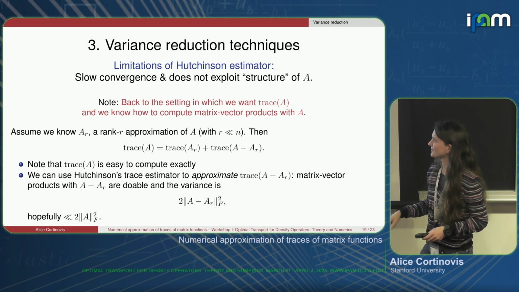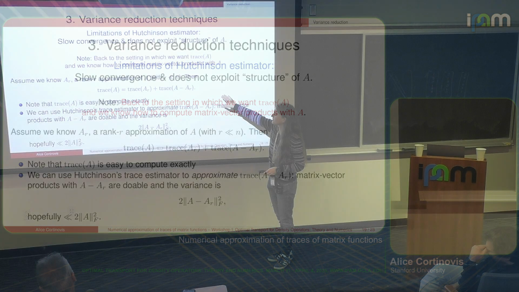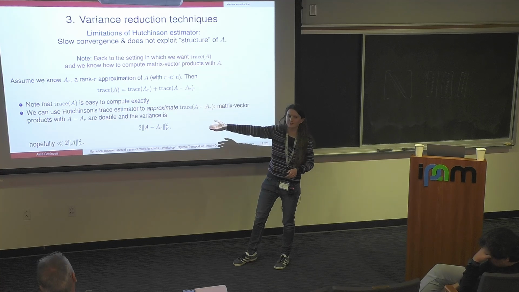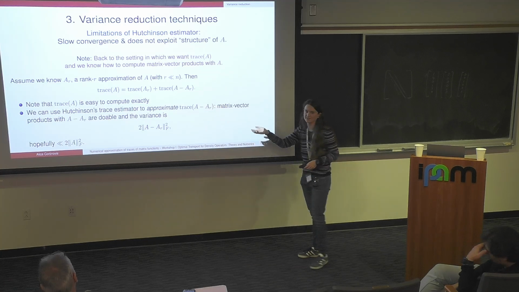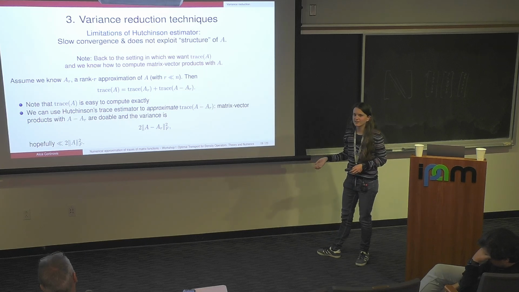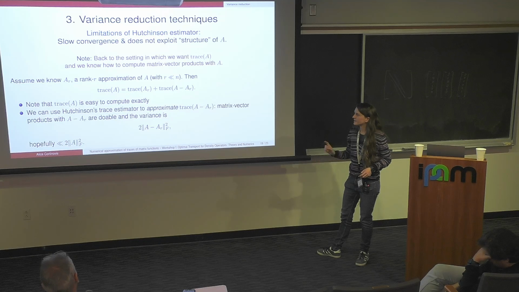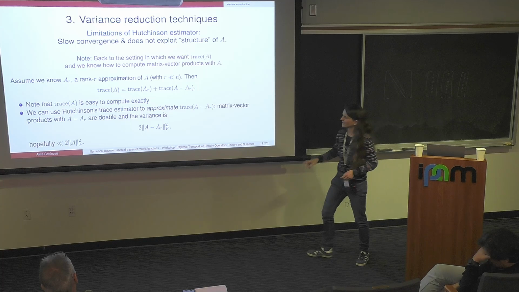One thing we can do is to write the trace of A as the trace of this low-rank approximation plus the trace of A minus the low-rank approximation. This is just by linearity of the trace. But now there are two things. Okay, there's a typo.